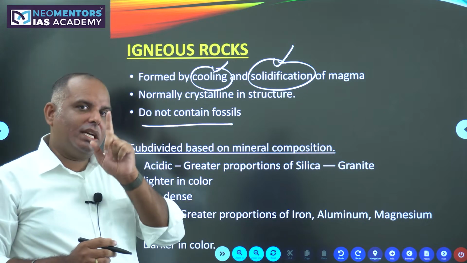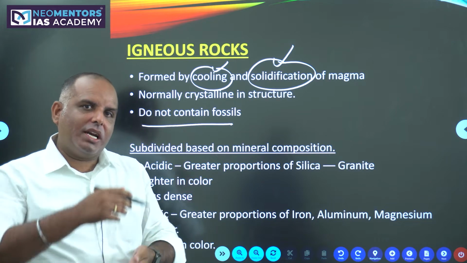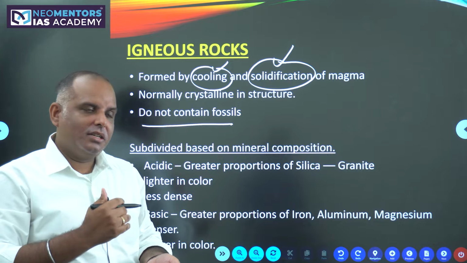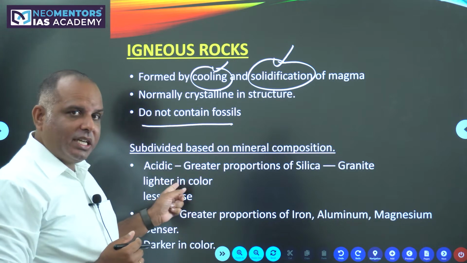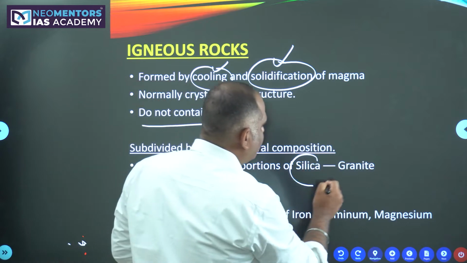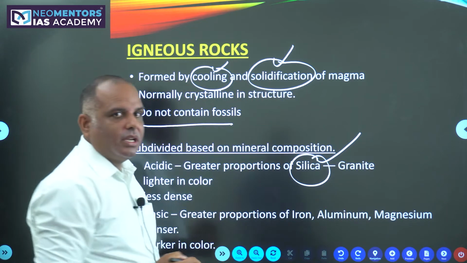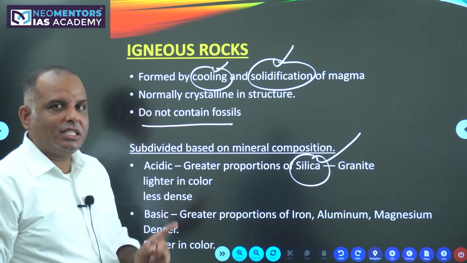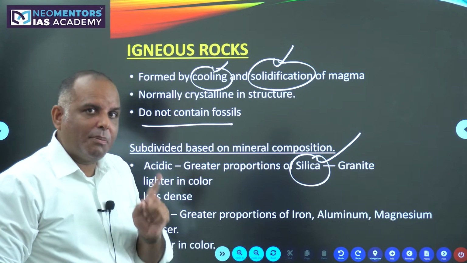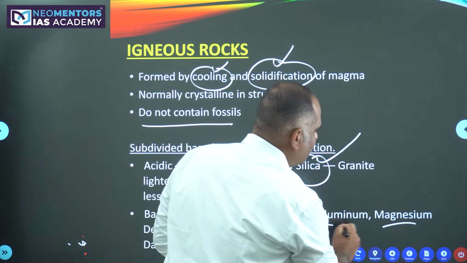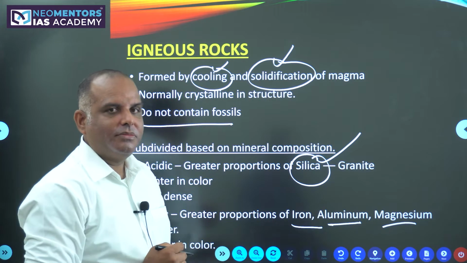But based on the internal composition, we broadly divide the rocks into acidic and basic character. If it is acidic, that means there is more content of silica, right? If it is basic, that means there is lesser proportions of silica but more proportions of magnesium, iron, and aluminium.